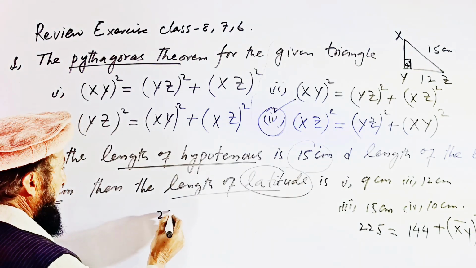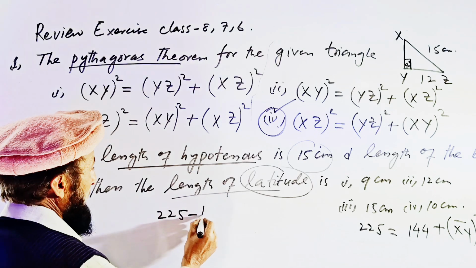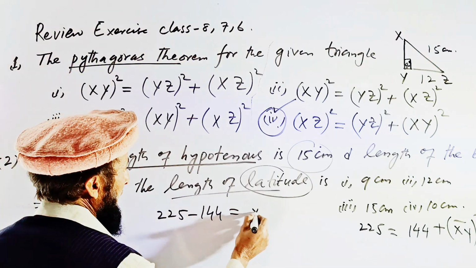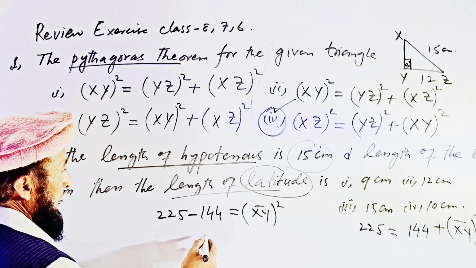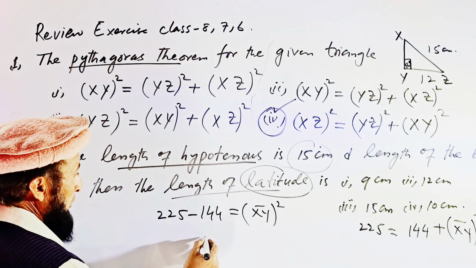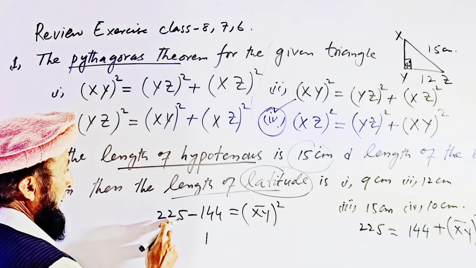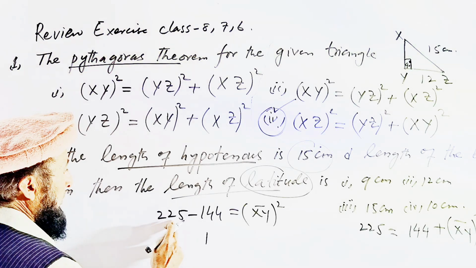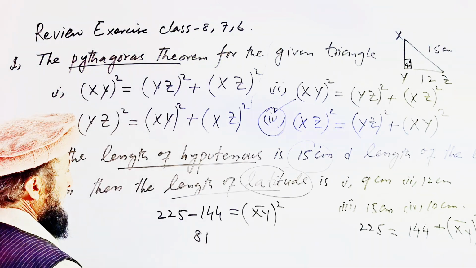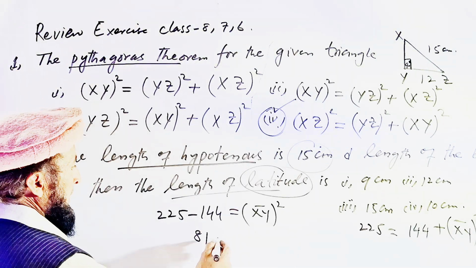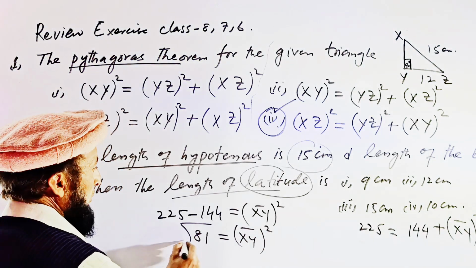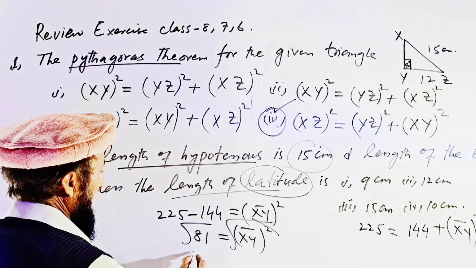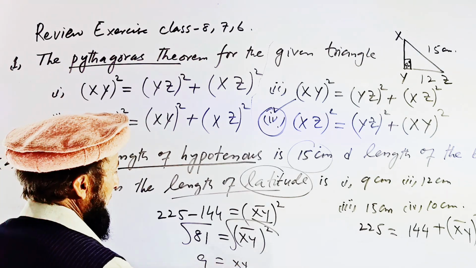So 225 minus 144, 5 minus 4, 1, and 2 we cannot subtract, so we have 12 minus 4 is 8, and we get 81 is equal to XY whole square. Now taking the square root on both sides, this is cancelled and XY is equal to 9.